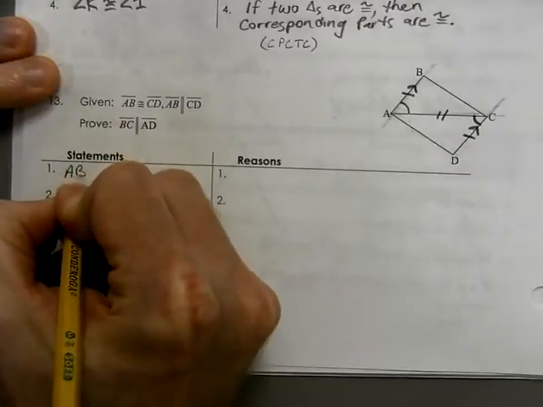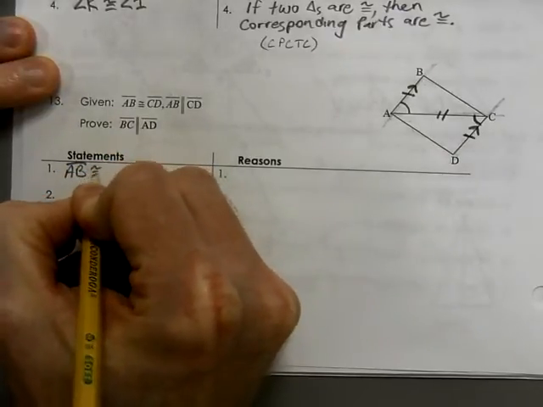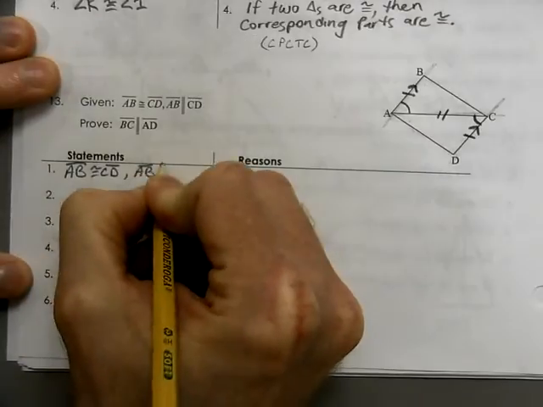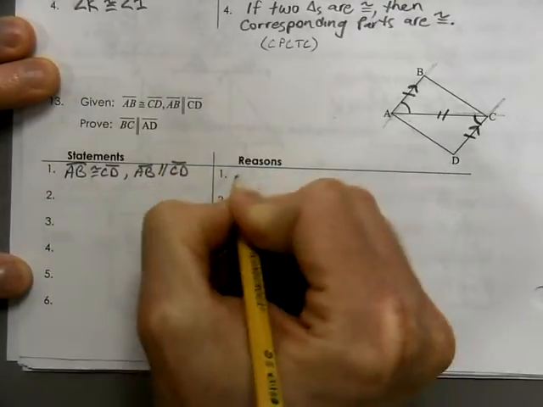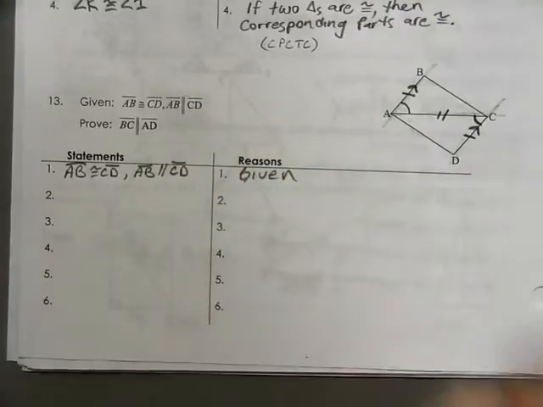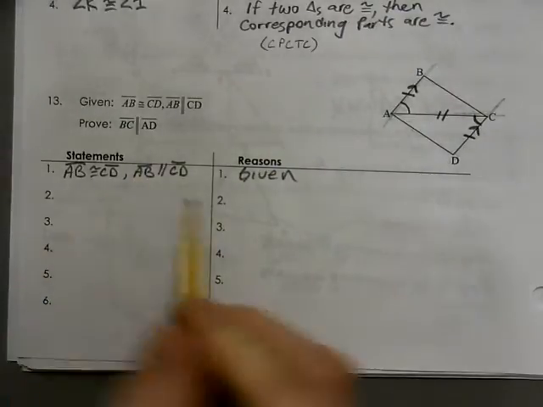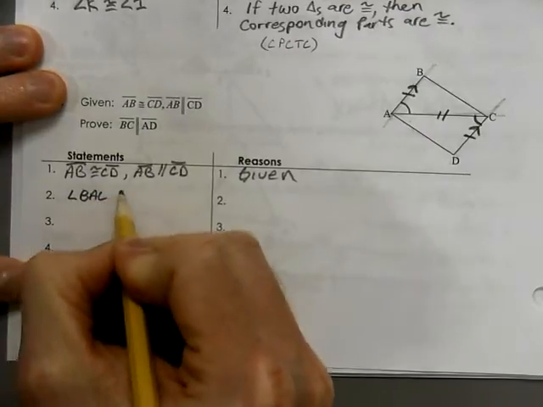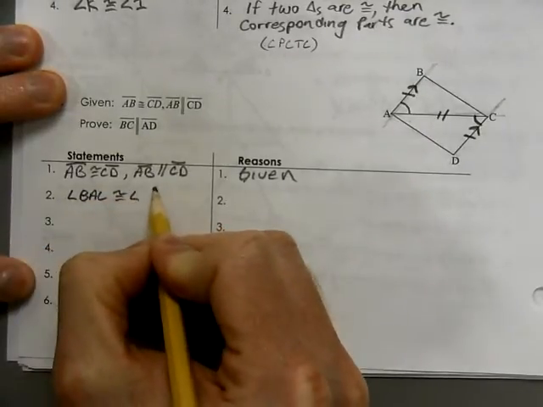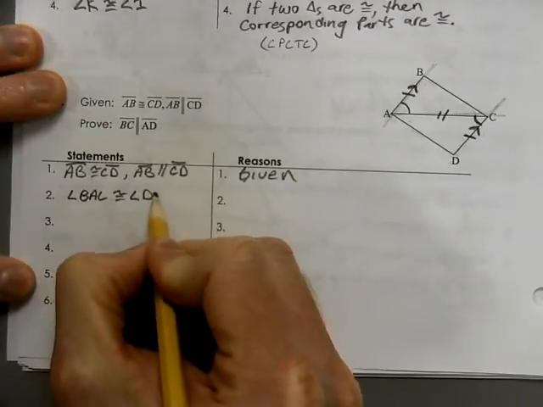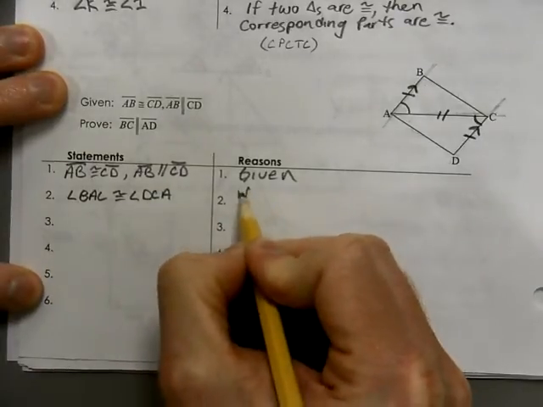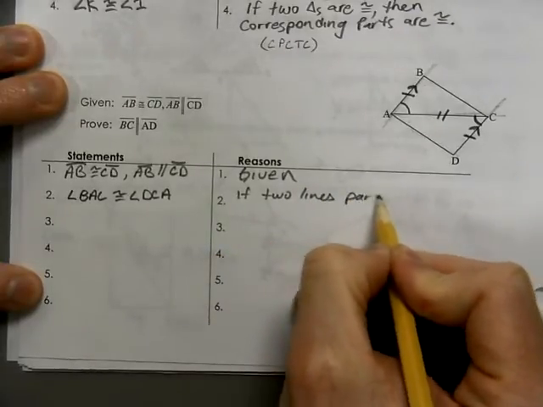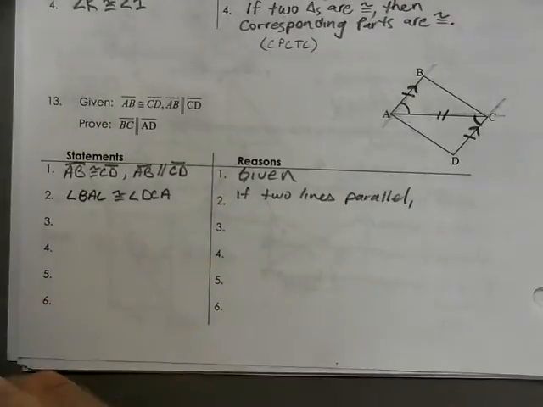So we start out with the given information. Okay, from the parallel sides, I said that angle BAC was congruent to angle DCA. If two lines are parallel, that's what I had earlier.